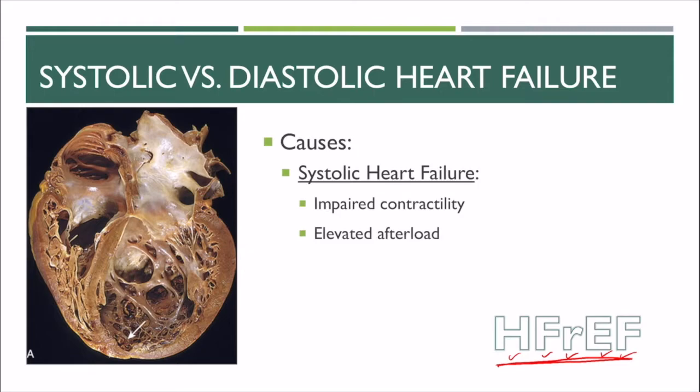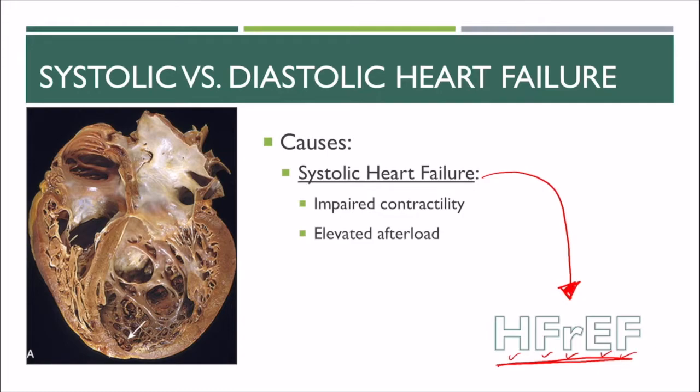So if the problem is during systole, and systole is when the heart's contracting, this is a failure to maintain cardiac output because of a reduced ability to pump. So systolic heart failure is a reduced ability to pump, which is going to reduce your ejection fraction.